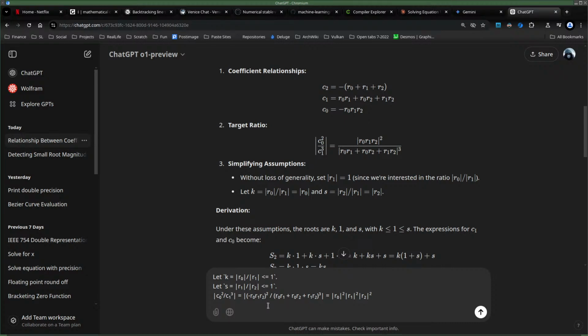Yeah, so the absolute value of A divided by B is the absolute value of A divided by the absolute value of B, at least if everything is real. I'm not sure if that also holds for complex numbers. Tell reals anyway. And of course, the minus can be removed because of the square anyway, and then the square can be distributed.